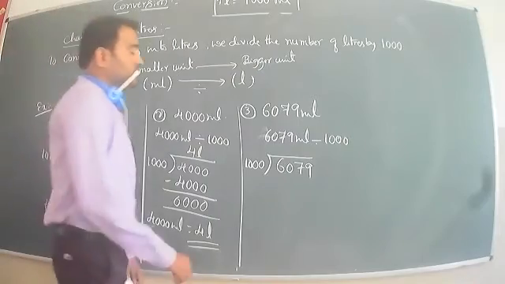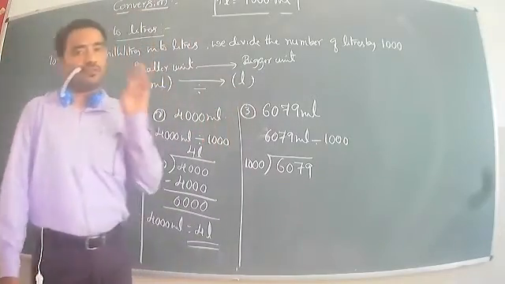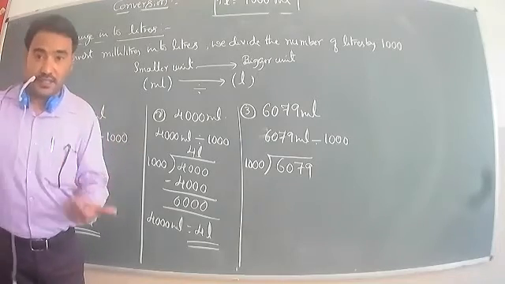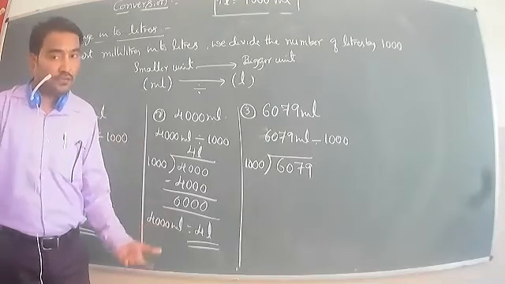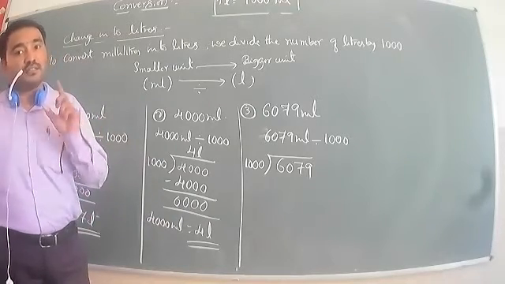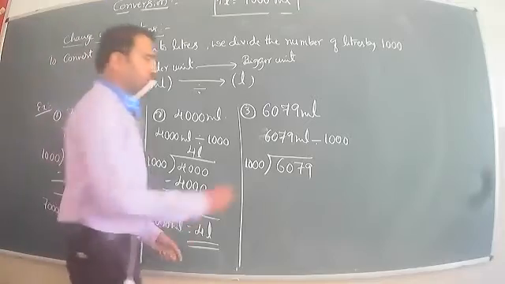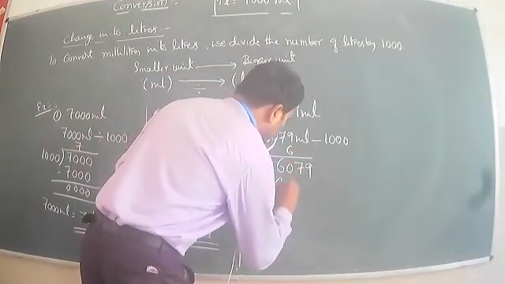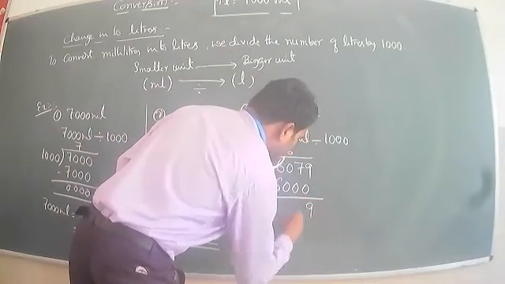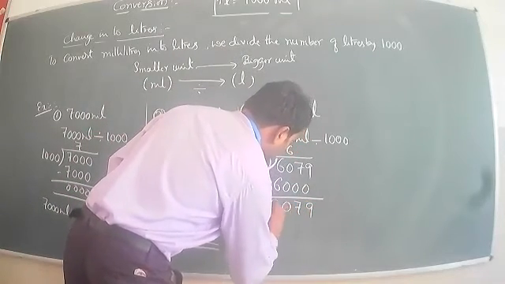1000 threes are 3000, 1000 fours are 4000, 1000 fives are 5000, 1000 sixes are 6000, 1000 sevens are 7000 is more. So we cannot take seven. We take 1000 sixes are 6000. Let us subtract. 9 less 0, 9, 7 less 0, 7, 0 less 0, 0.